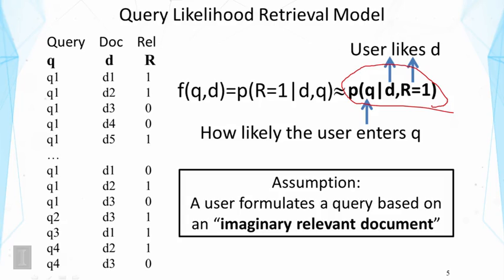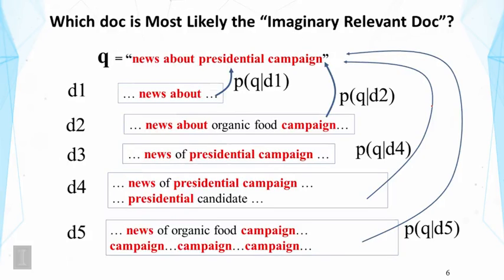Okay, so this is how you can simplify the general model so that we can derive a specific ranking function later. So let's look at how this model would work for our example. Basically what we are going to do in this case is to ask the following question: which of these documents is most likely the imaginary relevant document in the user's mind when the user formulates this query?